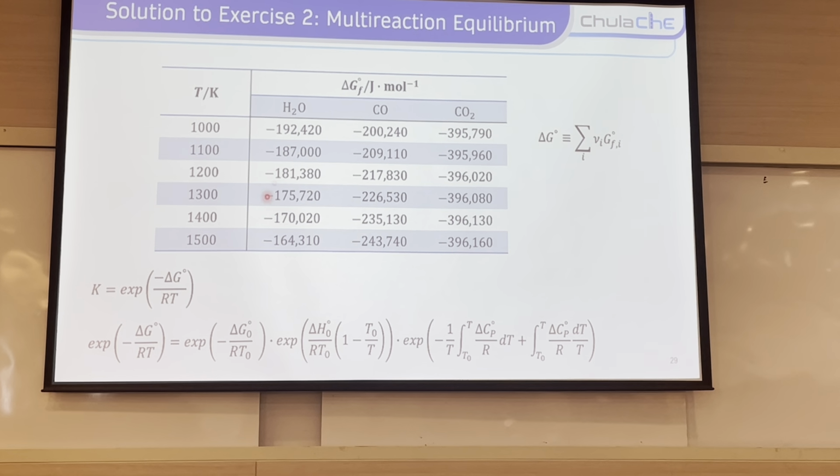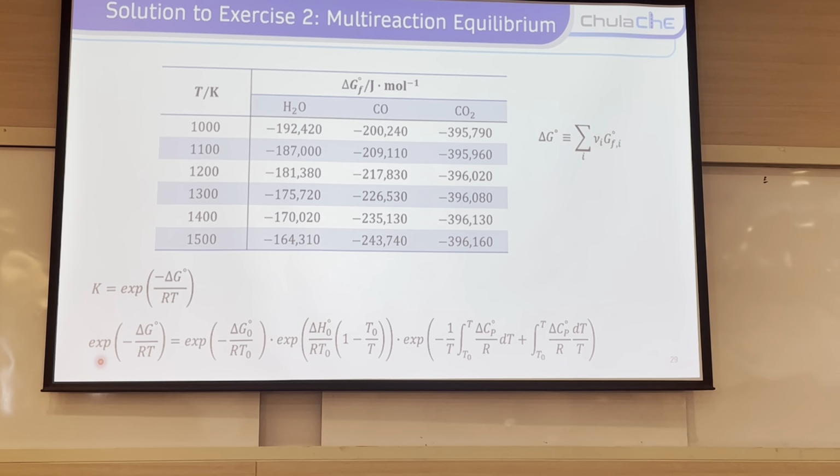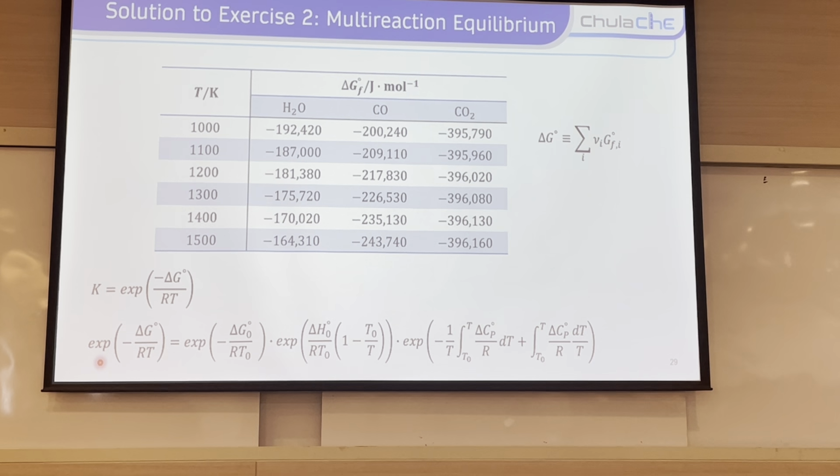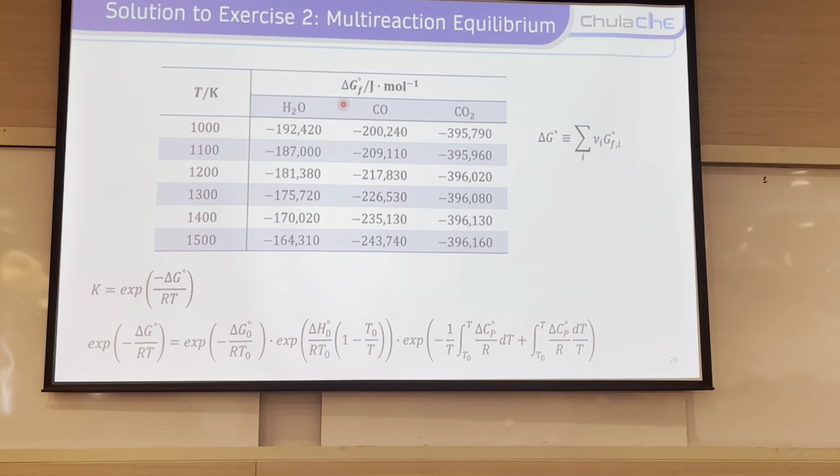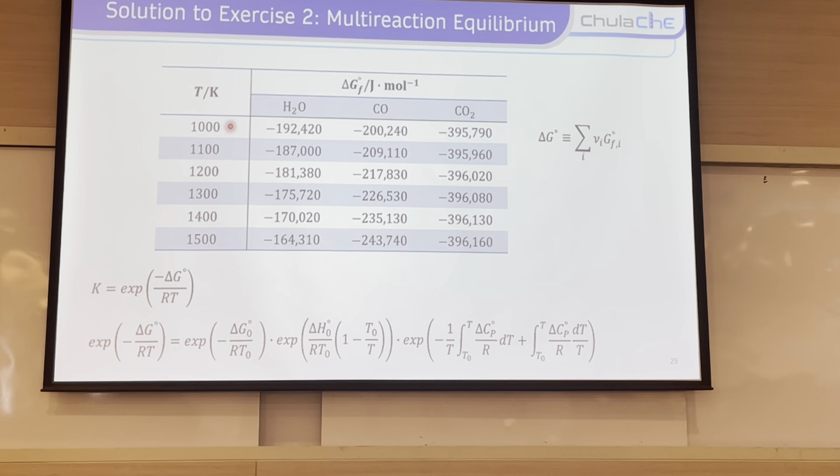Usually, what you have done so far in the previous exercises is that you don't know the value of the standard Gibbs energy of formation at the specified temperature of the reaction.